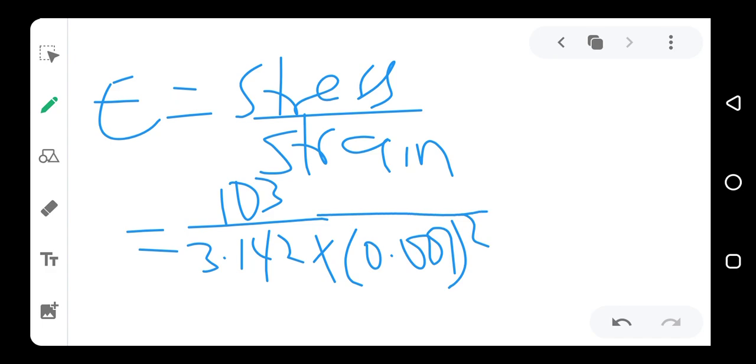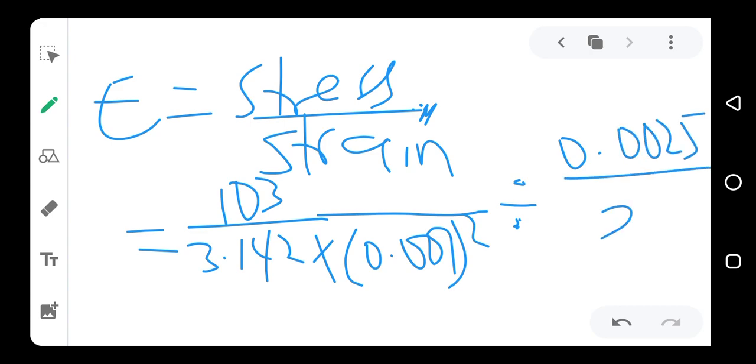Now this is the first fraction divided by strain. Strain is another fraction, so we put divided by, representing this division sign. Now strain is 0.0025 over 2.